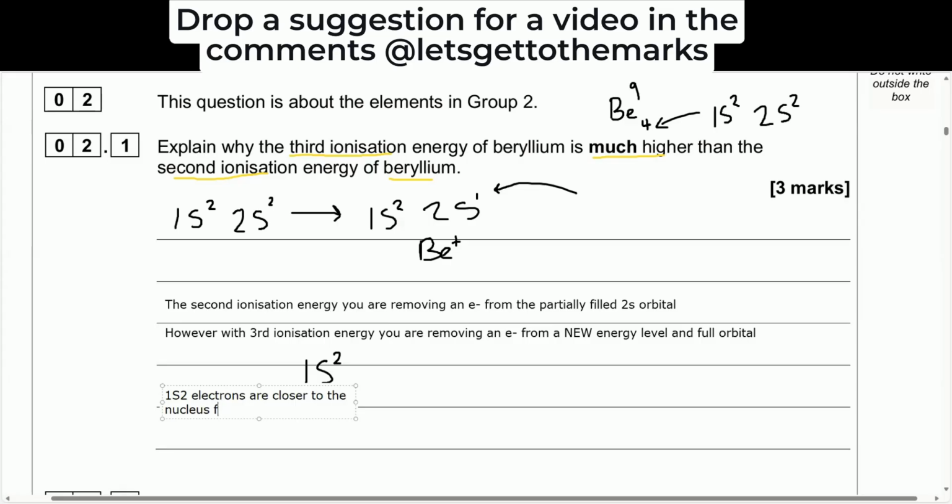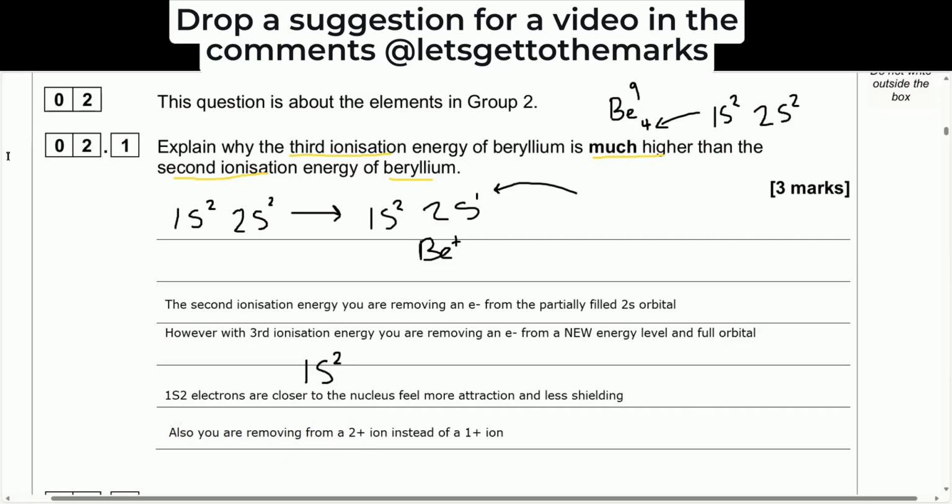So we've got no shielding, closer to the nucleus, and breaking into a brand new energy level. And all of those are factors that mean the third ionization energy will be higher than the second. So there we go. We're removing an electron from the 1s2 instead of the 2s1, and that will pick you up your 3 marks.